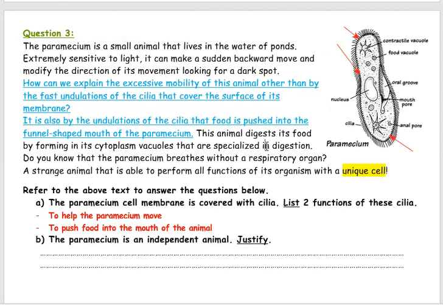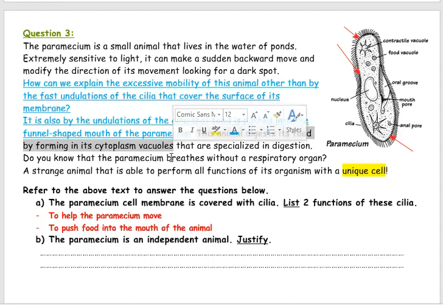Okay, how can this animal be independent and live by itself with one cell? One, we know that it can move using the cilia. Two, it eats with the help of the cilia. Three, this animal digests its food by making vacuoles.